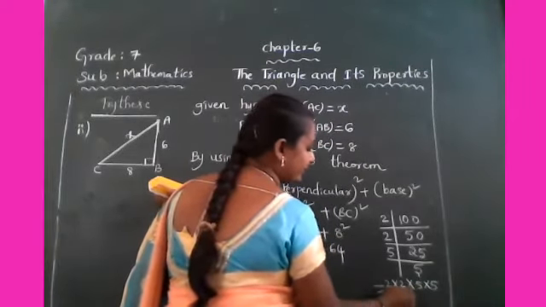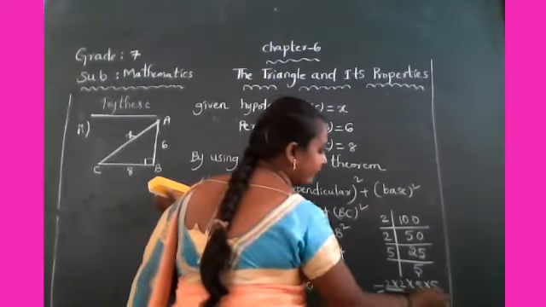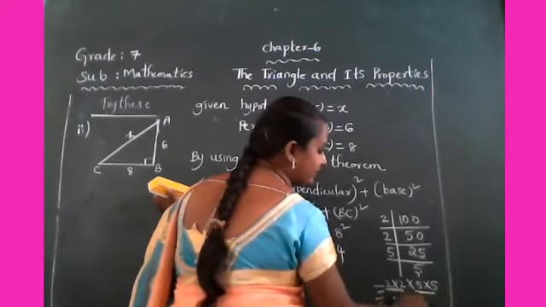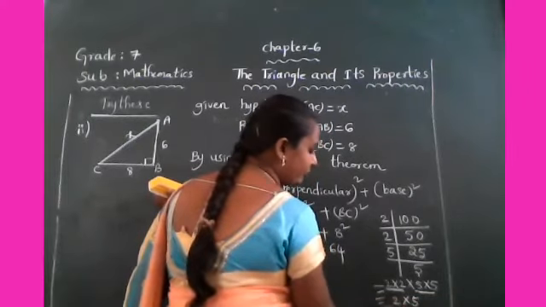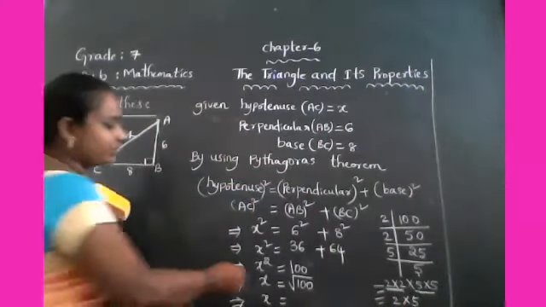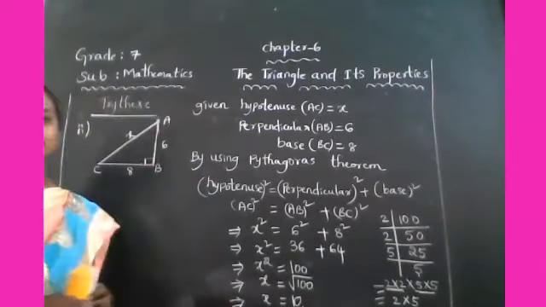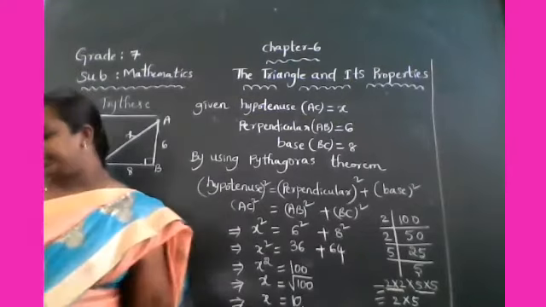So 2 2s are there, you have to take one 2, and 2 5s are there, take one 5. Now multiply 2 into 5, 10. So now what is the root 100 value? 10.